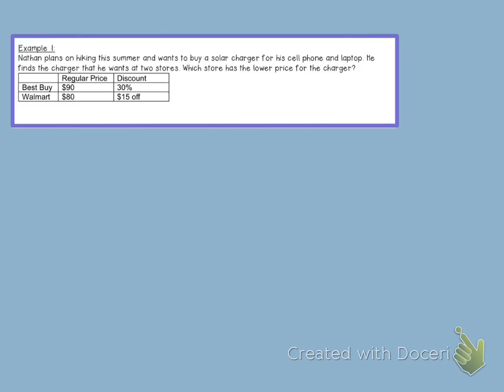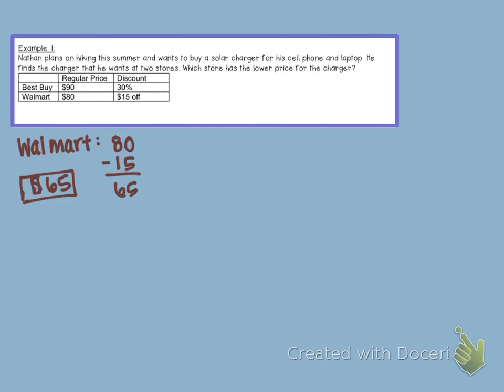First we could do Walmart's because that's the easier one. If Walmart's is $80 and it's $15 off, that's just 80 minus 15, which gives you 65. So Walmart's sale price is $65.